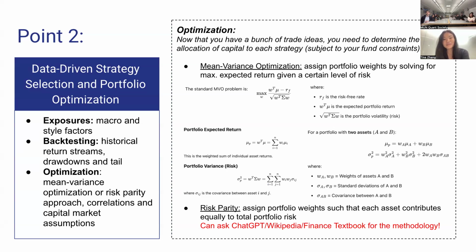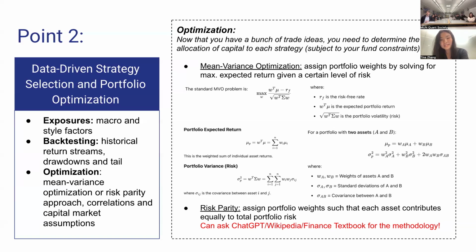And so the first one, mean variance, is an optimization problem where you're solving for one constraint given another constraint, right? So here it could be, I want max expected return given a certain level of risk. And this goes back to, remember in part one where we said we have to define our investment objective. So then you optimize according to that objective.